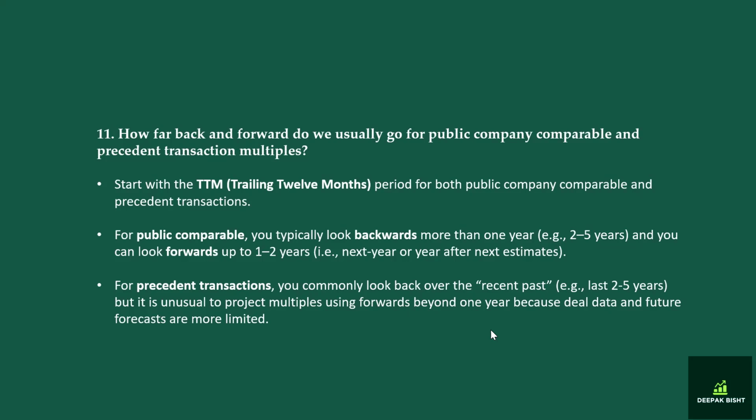So question number 11 is about how far back and forward do we usually go for public company comparables and precedent transaction multiples. We've discussed these terms previously in detail.